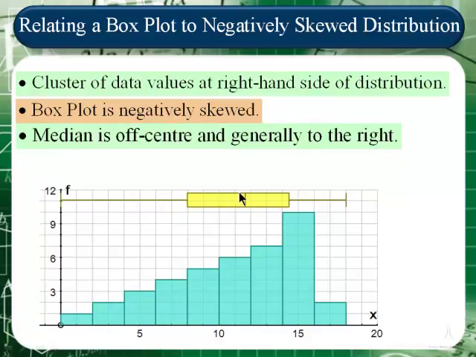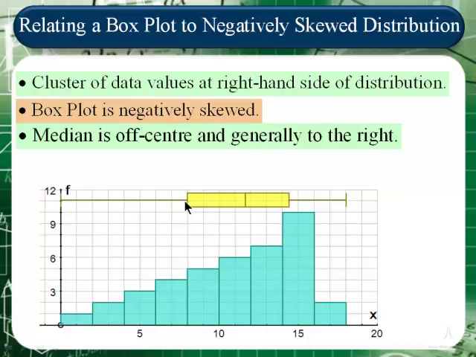The median is off center and generally towards the right, so this has an impact on the semi-interquartile range. Can you see between Q1 and the median, the 25% of the data values is more spread, while the 25% between the median and Q3 is more clustered.